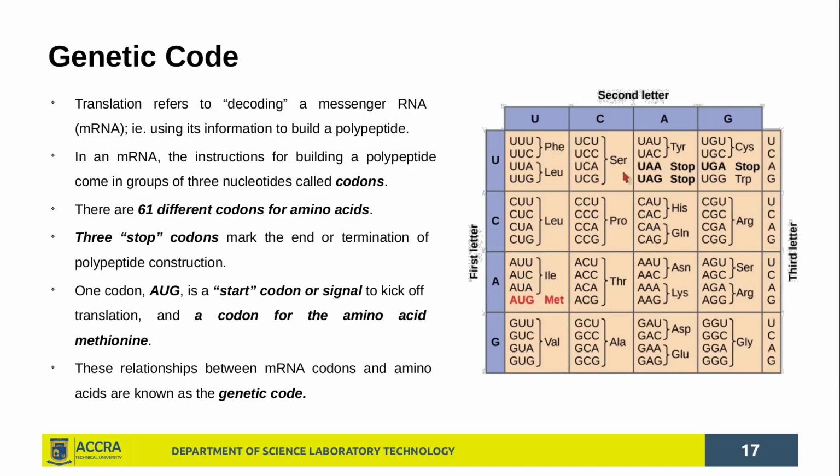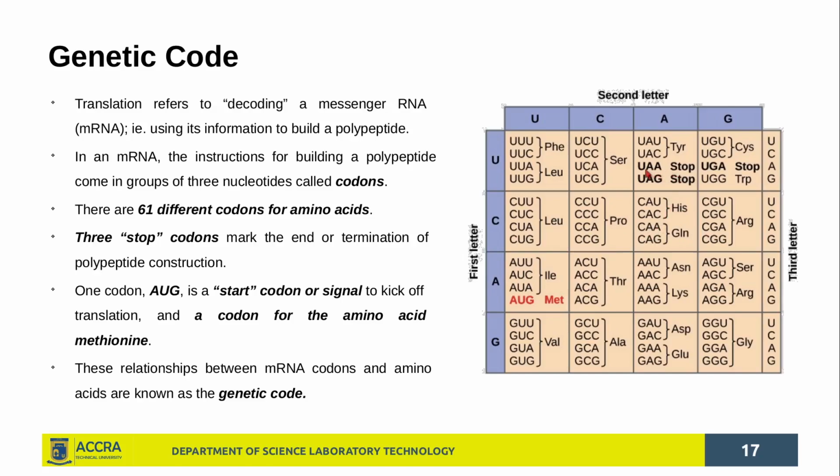So at least you don't have to keep all of these in mind, but remember that AUG is a start codon which corresponds to the amino acid methionine. In other words, the synthesis of proteins will always start with the amino acid methionine.